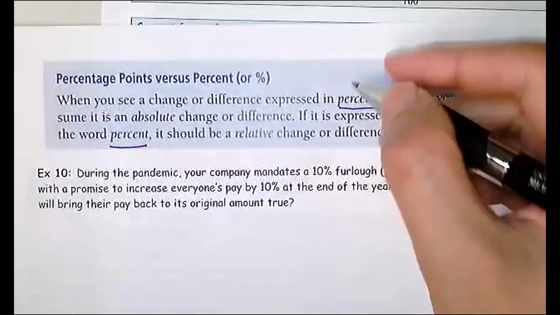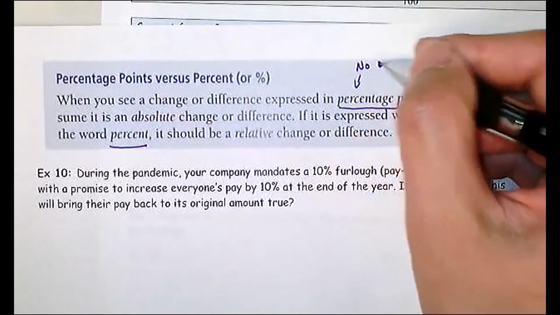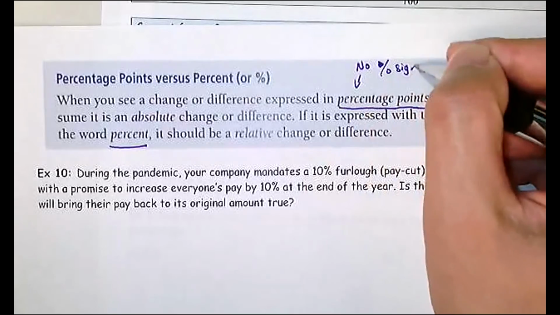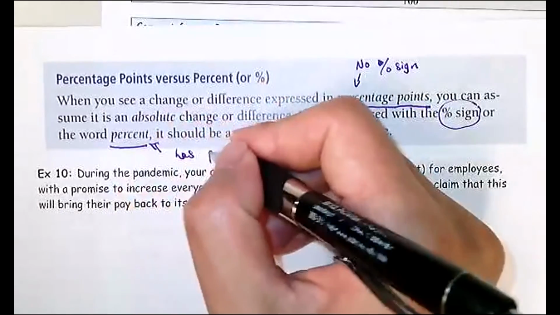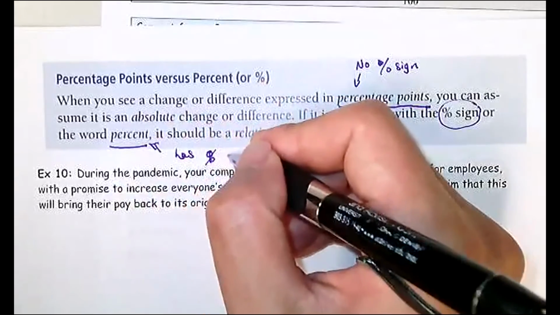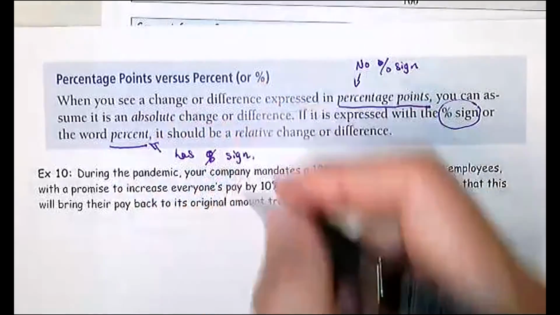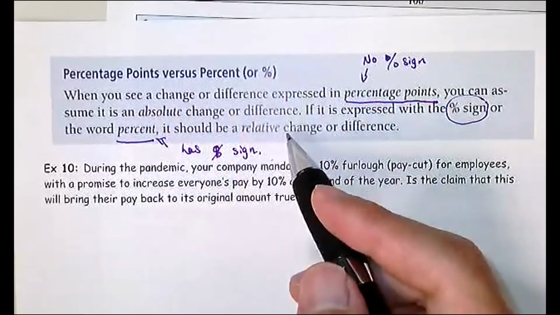Okay, let me make a small mark. No percentage sign means absolute change, has percentage sign means relative change. Just that easy, okay? Do not overthink about what he's trying to say.